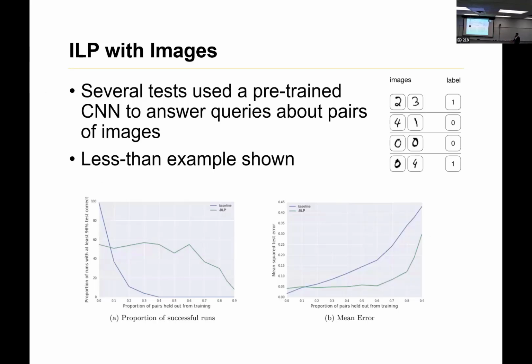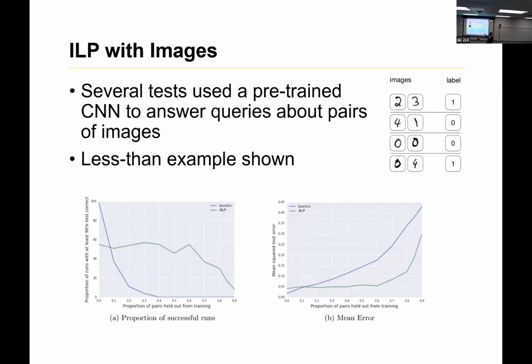So they did some tests. Everyone likes to show, hey, if we tack a CNN onto our method, then we can do something cool with it. But this one is a pre-trained CNN, so not really end-to-end training. Although the interesting thing about this is a way to induce extra noise into it.